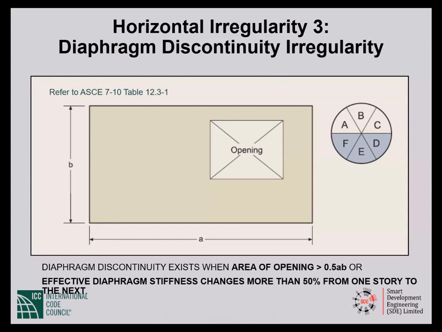The metal decks are all topped with concrete in the floors, but the roof metal deck is almost never topped. So the roof is untopped, the floors are topped. So between the top floor and the roof, there is always a 50% difference. Do all of those buildings have diaphragm discontinuity irregularity? That has been a controversial topic.